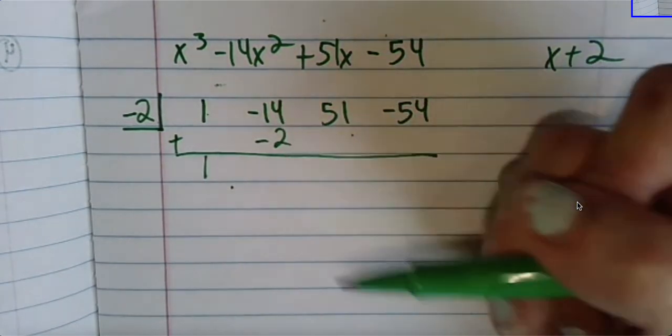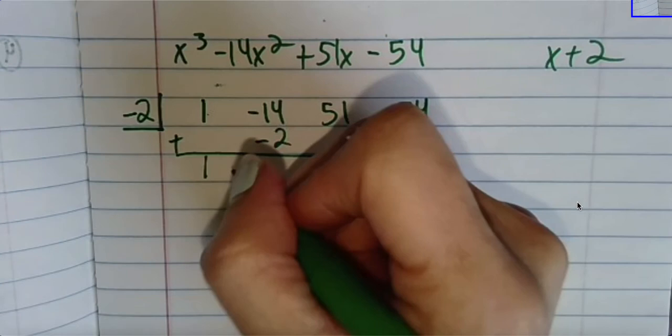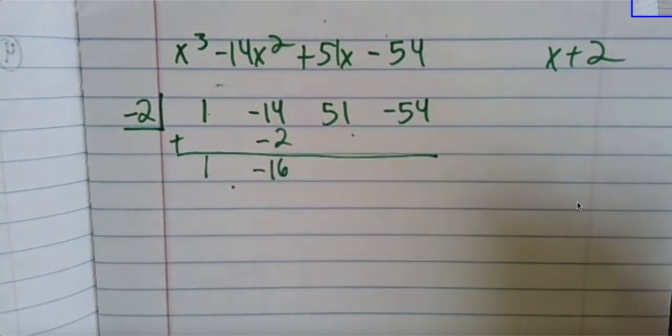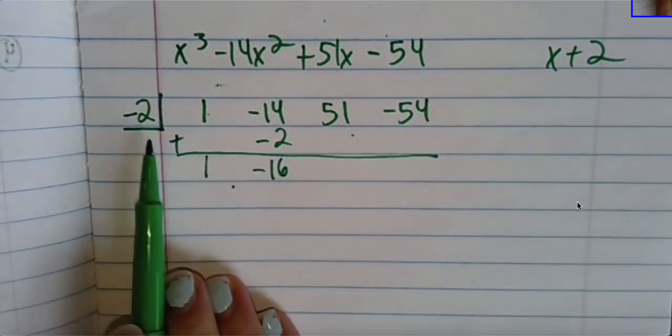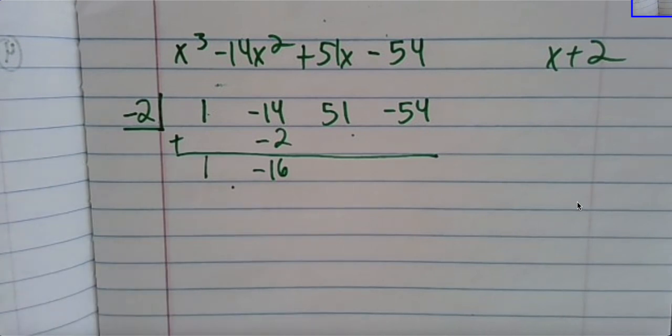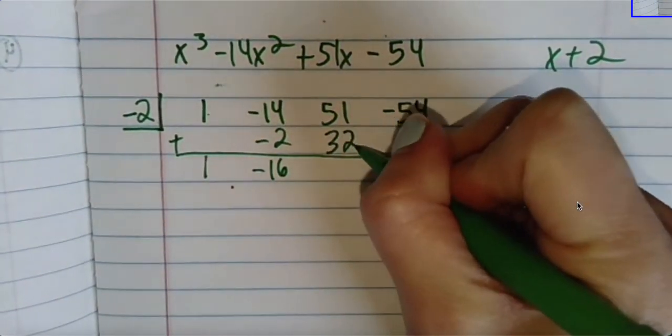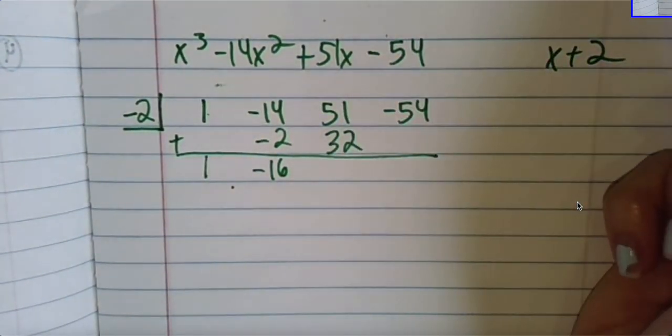What's -14 plus -2? -16. Now, the same thing. What's -2 times -16? A positive 32. And now let's add those numbers. 83.